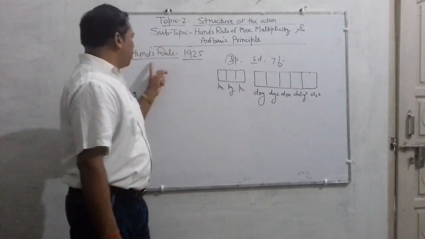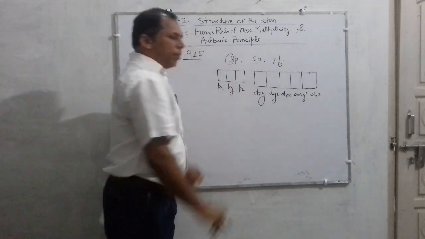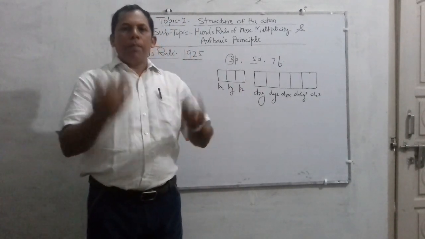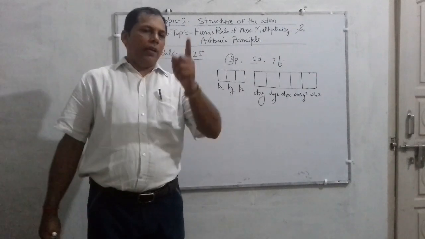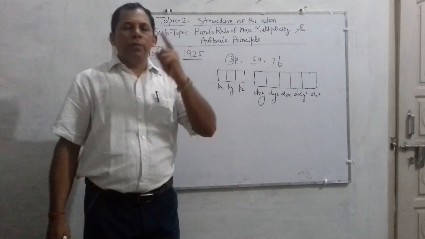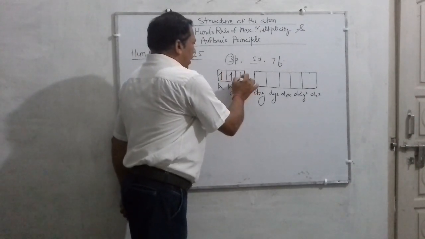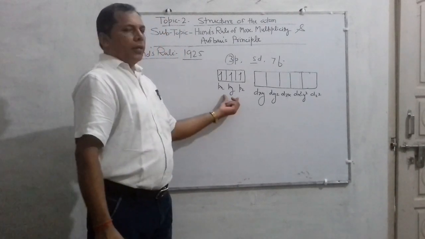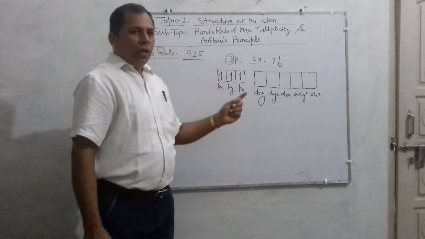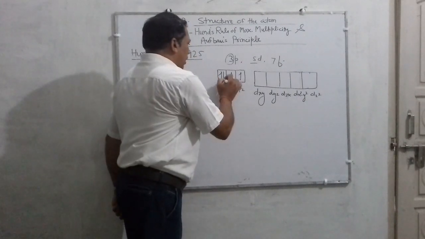So the meaning of this point is that pairing of electrons in these orbitals is not possible until each orbital of the subshell contains 1 electron. Suppose 3 electrons are filled in the p orbitals, then when the 4th electron arrives, it will get paired.